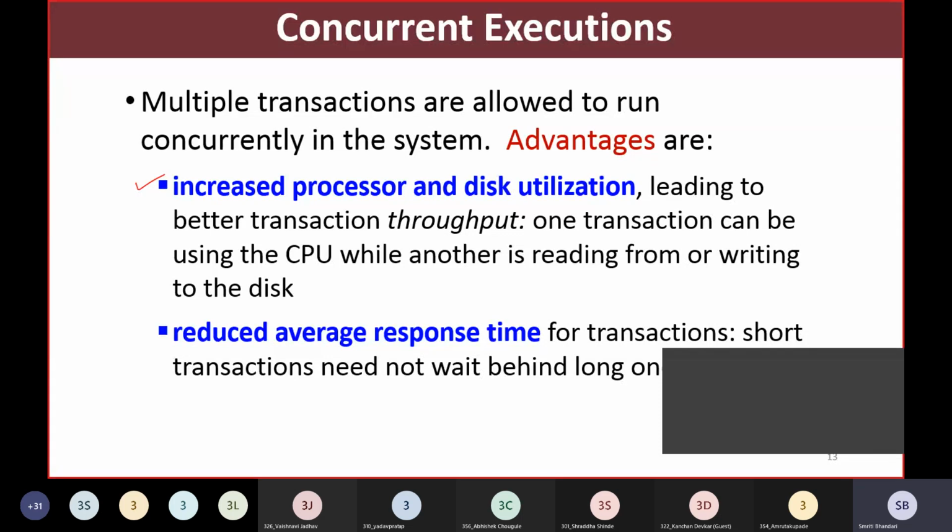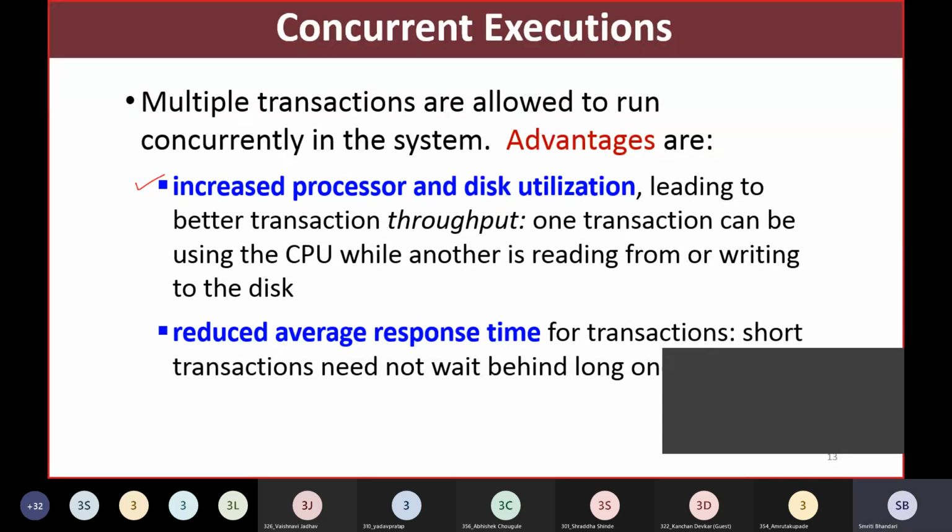Some operations involve input-output activities, read-write operations, or some operations involve CPU activity. The CPU and the disks can operate in parallel. Therefore, I/O activity can be done in parallel with processing at the CPU.